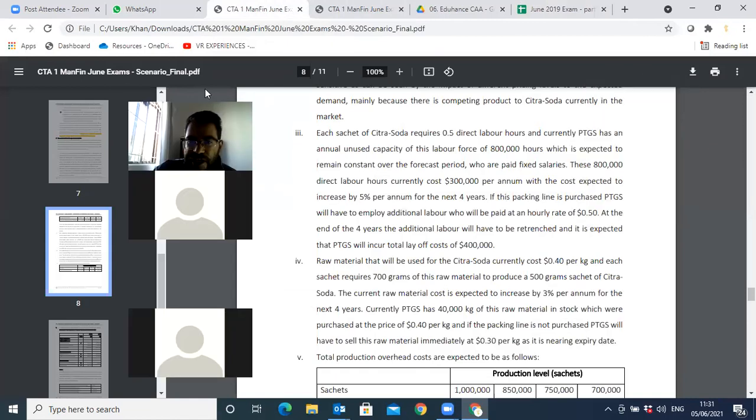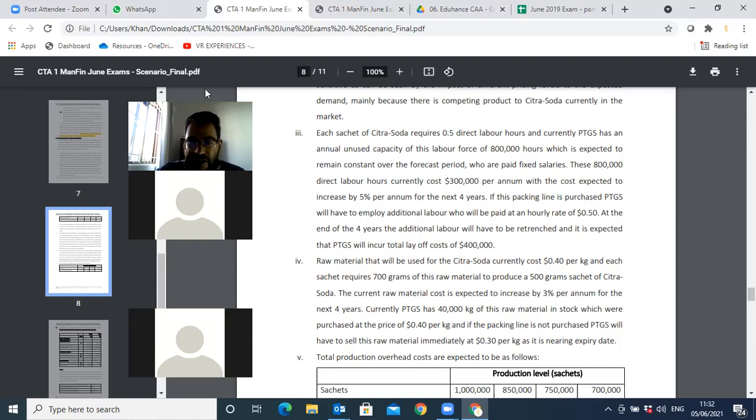So each citrus soda requires 0.5 direct labor hours, which is expected to remain constant for Foco, who has fixed salaries. These 800,000 direct labor hours currently cost $300,000 per annum, with costs expected to increase by 5% per annum for the next 4 years.